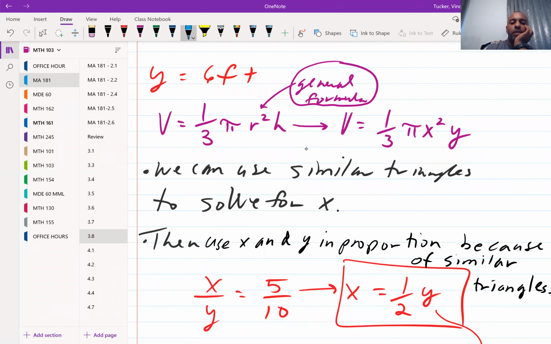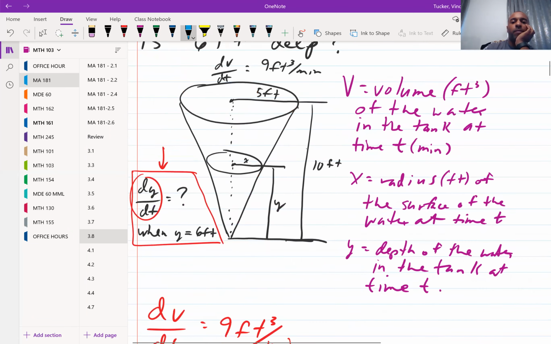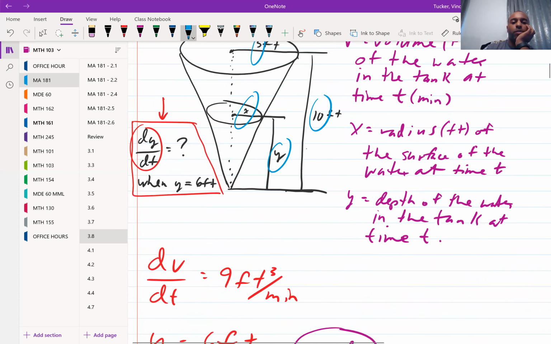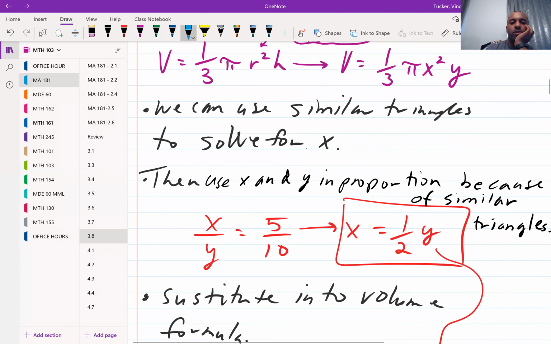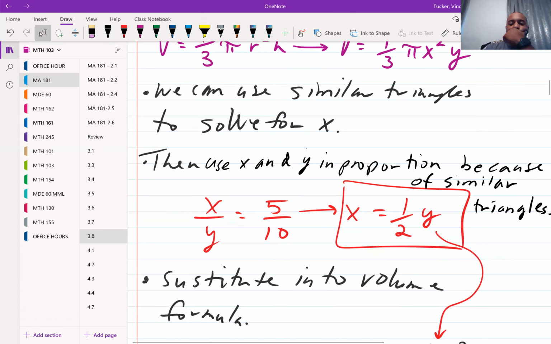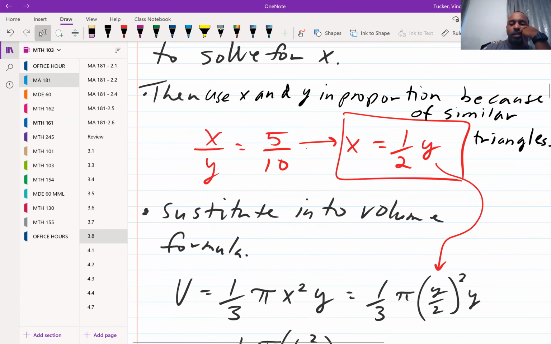So we do X over Y equal to 5 over 10. So let me go back, make sure we see that. X and Y right here are related to 5 over 10. That's how you can use similar triangles in this case. All right. So we substitute X into the volume formula.